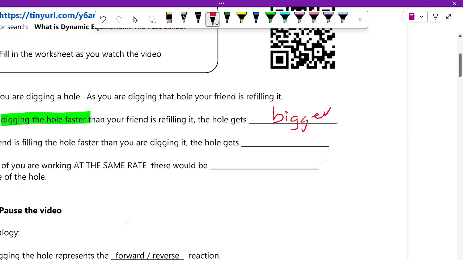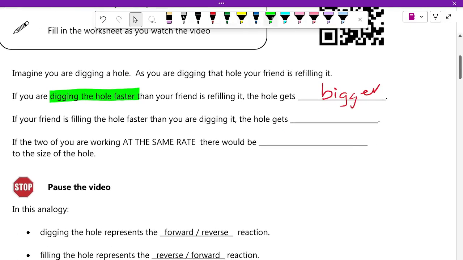If your friend is filling in the hole faster, the hole gets smaller. If the two of you are working at the same rate, there would be no change to the size of the hole.